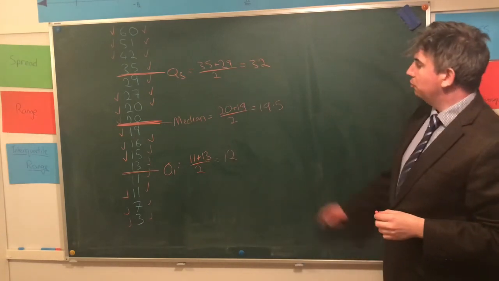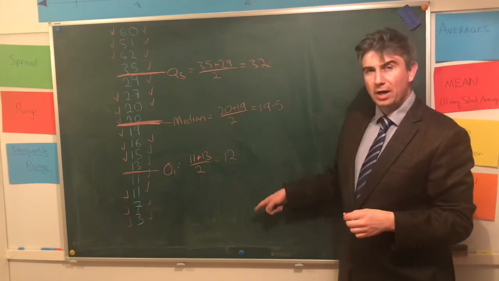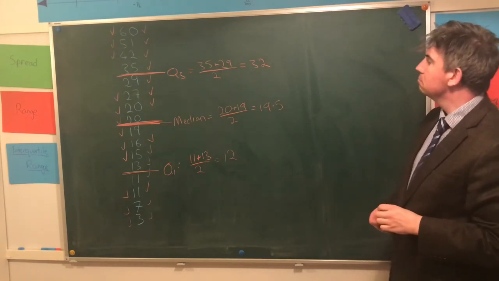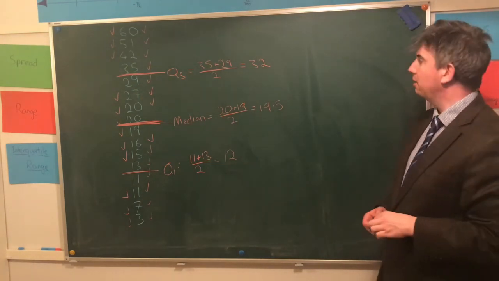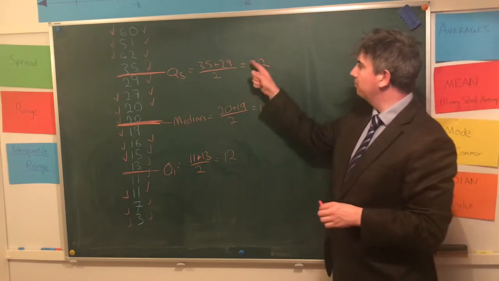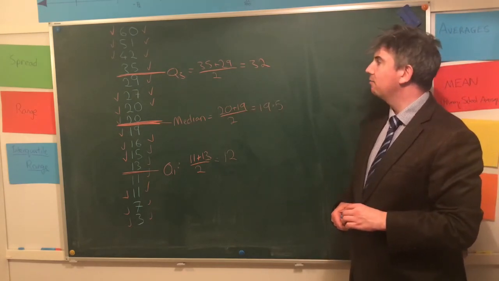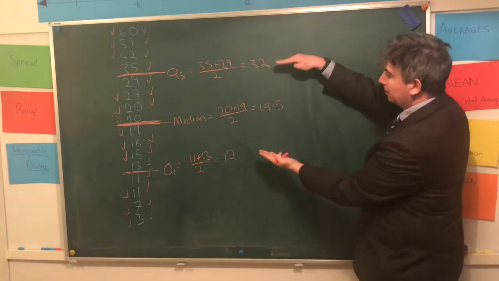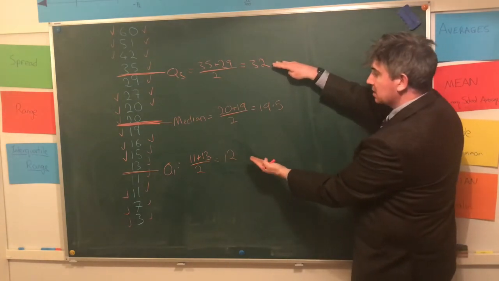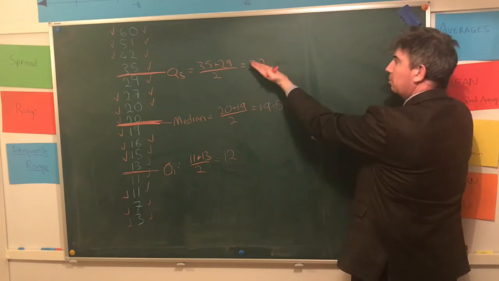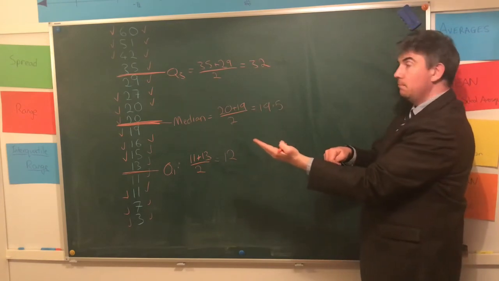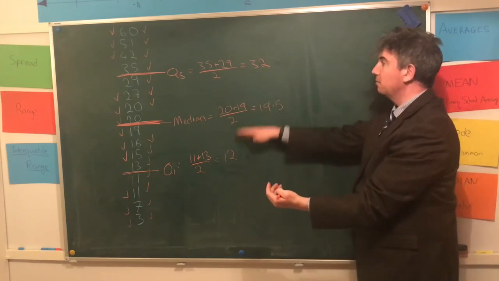So Q3 is 32, Q1 is 12. So how do I get the interquartile range? What do I do to the middle half? Interquartile range is the range of the middle half. How do I calculate the distance from here all the way up to here? That one's 12, that one's 32.